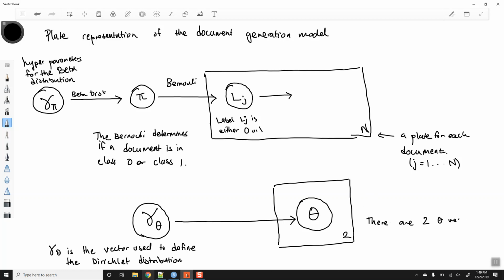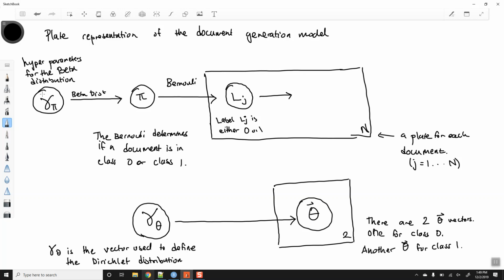And there are two theta vectors. One for class 0: class 0 has its own theta vector, and another theta vector for class 1.